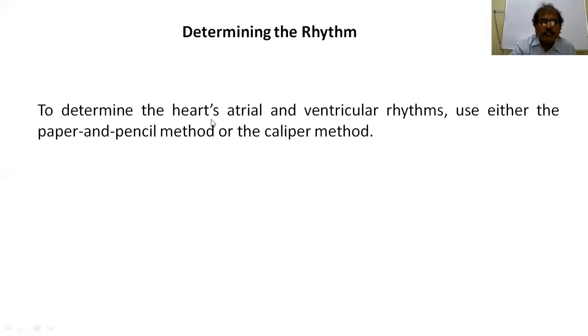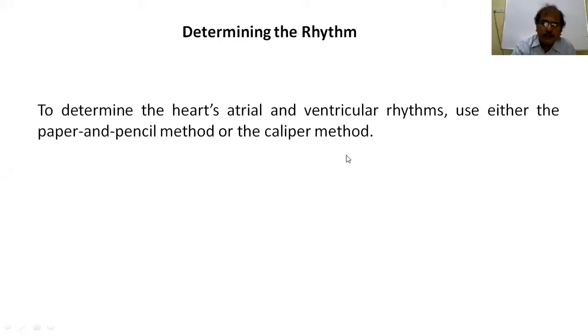Now, coming to the rhythm, how to determine rhythm? To determine the heart's atrial and ventricular rhythms, we use either the paper and pencil method or the caliper method.